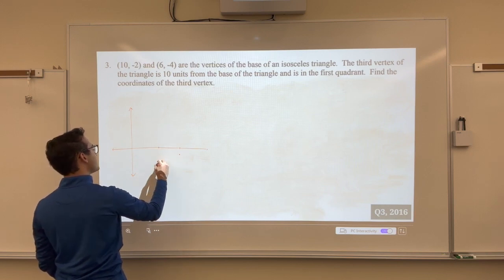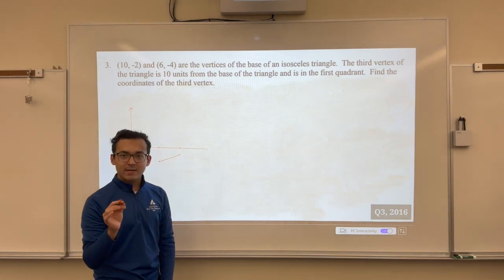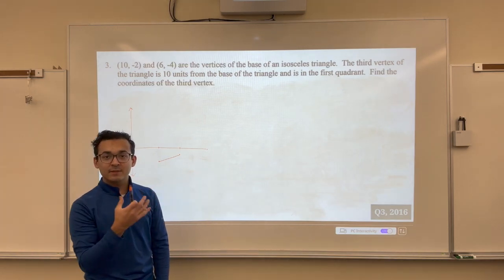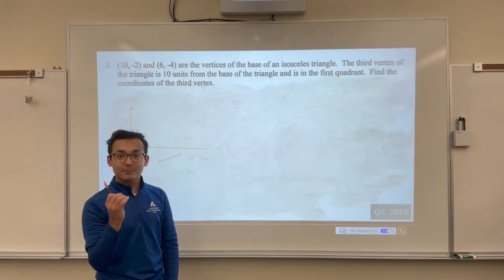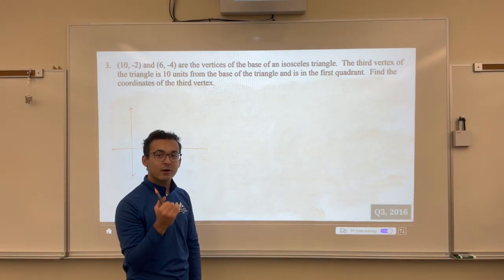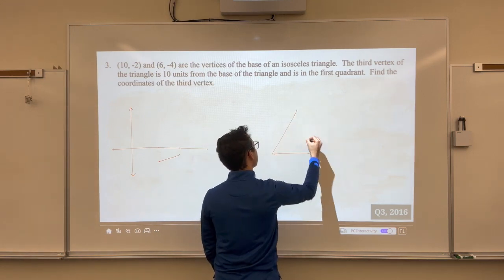So this is the base of our isosceles triangle. Now what's important to know is that in an isosceles triangle, the vertex that is opposite the base will be on the same line as the perpendicular bisector of the base, right? Because if we're looking at an isosceles triangle, it looks something like this.